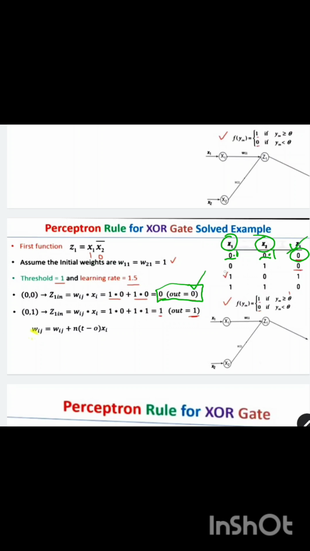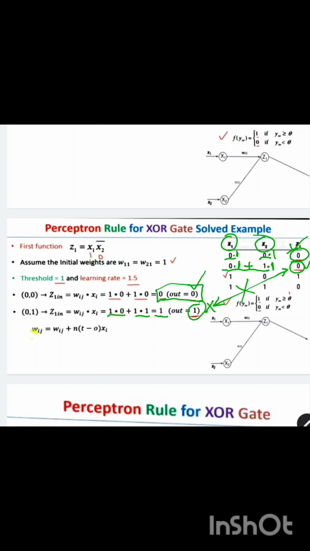Now we take the second case. The second case is 0 and 1. So again 0 into 1 plus 1 into 1, we will get 1. Now the target output is 0, but what we are getting is 1. So the actual output and the target output are not same.